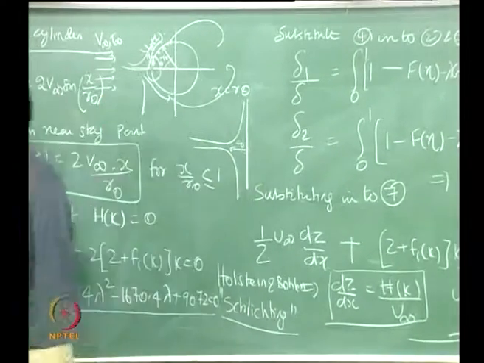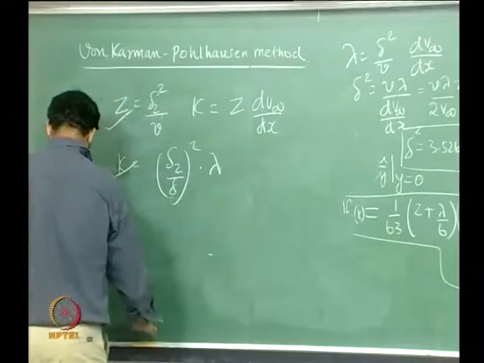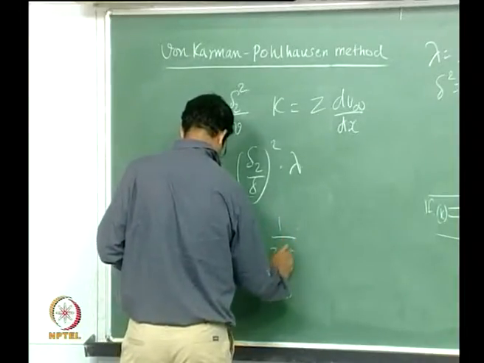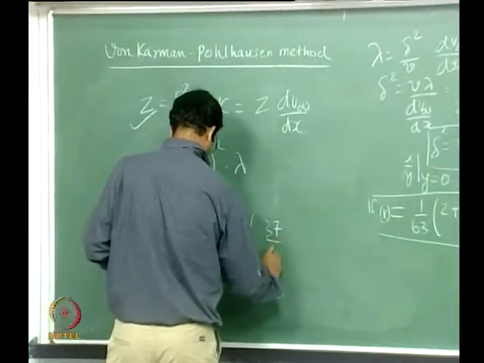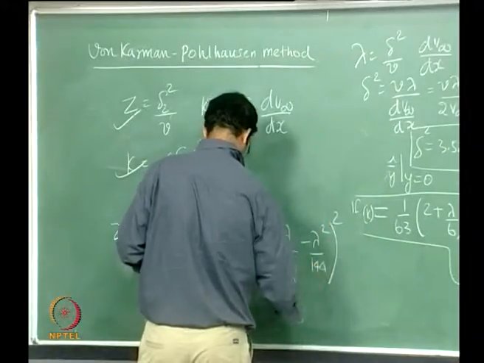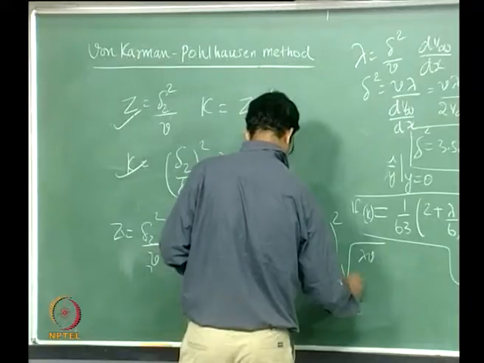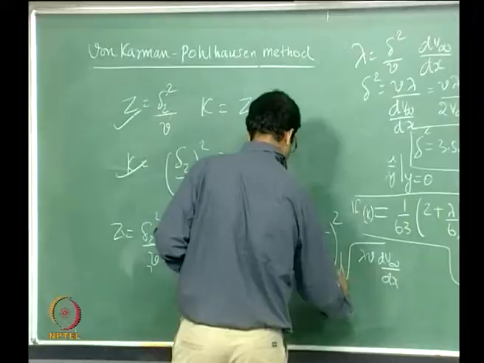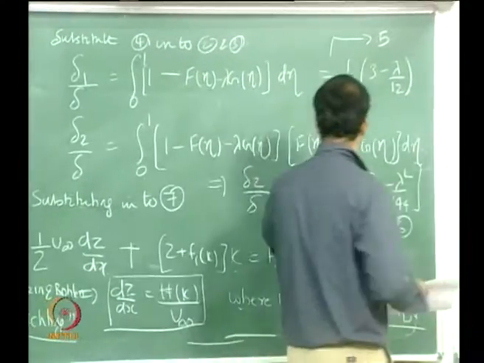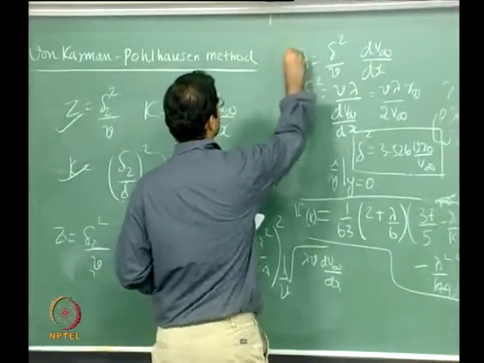Let me erase this. Delta 2 square I am substituting from here, so this is nothing but this into delta square, and delta square is this particular expression right here.